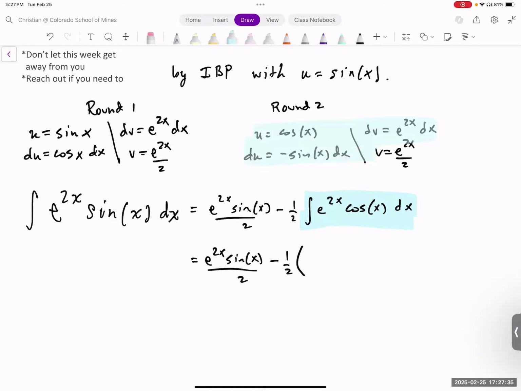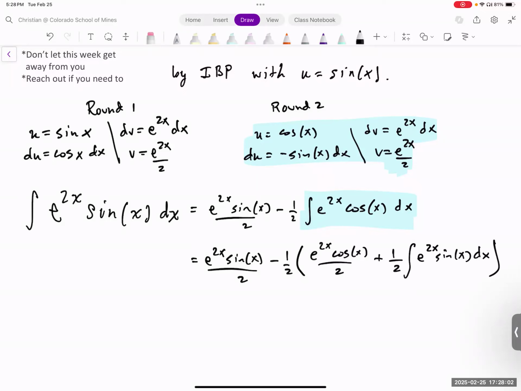So uv again is going to be e to the 2x cosine x divided by 2, plus, with the negative sign, the integral of e to the 2x sine of x dx.